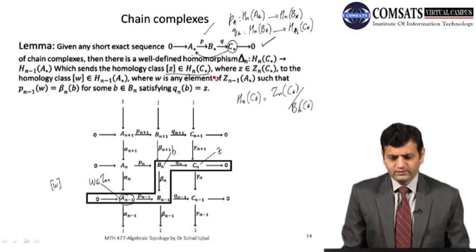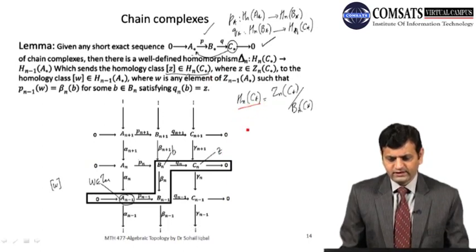In other words, given any element of Hn C star, there exists an element Z belonging to Zn C star, which lives inside Cn.